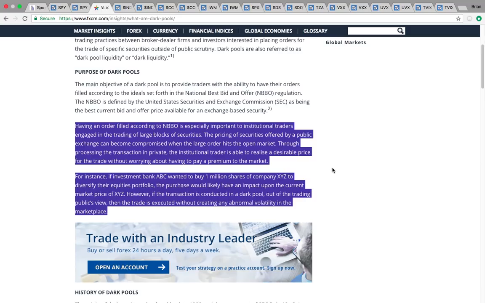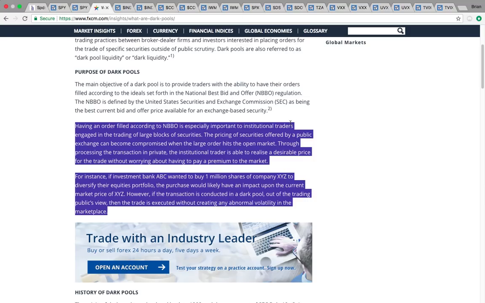For instance, if investment bank ABC wanted to buy 1 million shares of company XYZ to diversify their equities portfolio, the purchase would likely have an impact upon the current market price of XYZ. However, if the transaction is conducted in a dark pool, out of the trading public's view, then the trade is executed without creating any abnormal volatility in the marketplace.